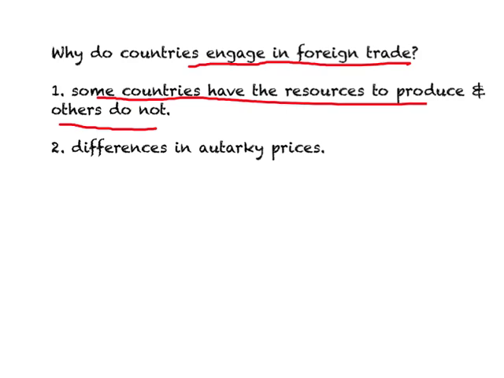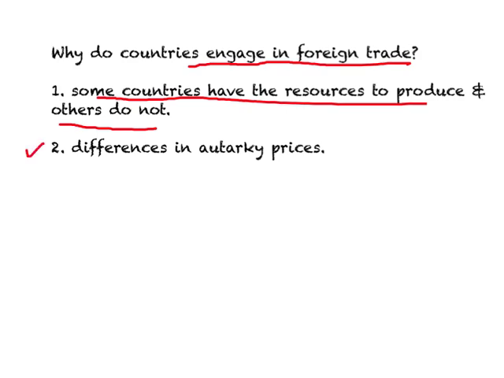In such a case, it's very easy to explain foreign trade, and that is, if you own that particular resource, you are going to export it, and countries which do not have that resource are going to import it. So there the explanation is really simple, and we won't spend much time on this question.